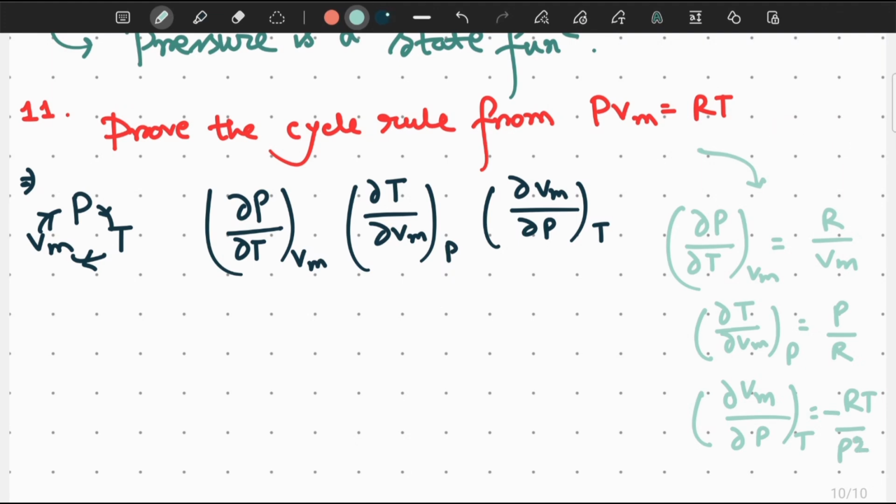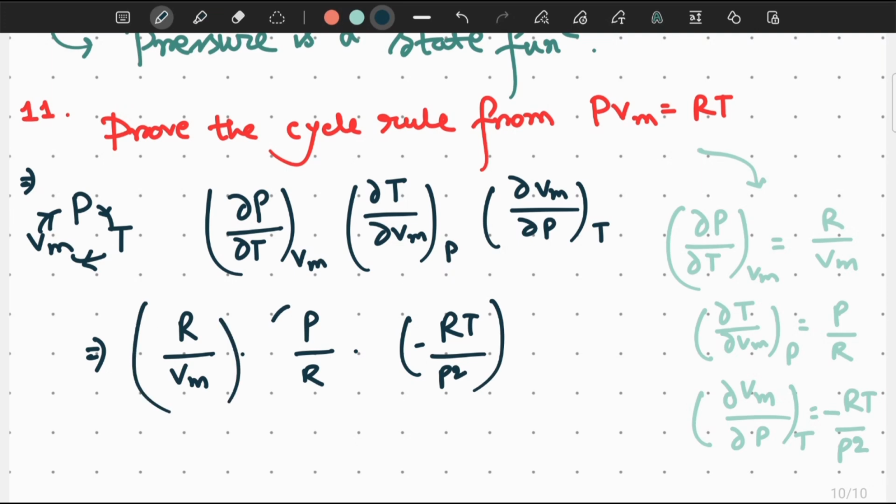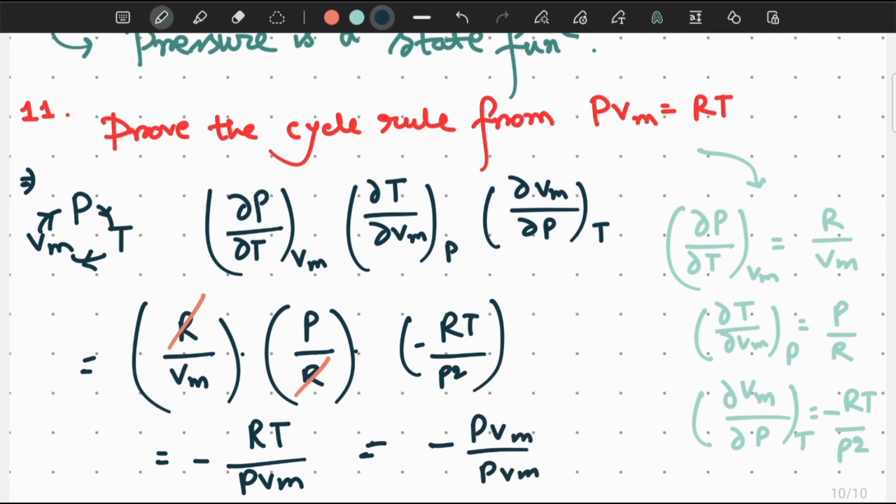If you put it here, it will be R by Vm into P by R, and then minus RT by P square. These R will be cancelled. So it is RT by PVm, right? One P will be cancelled, and again you can put RT equals PVm, so it will be PVm by PVm, so it is eventually -1. So it is following the cyclic rule.